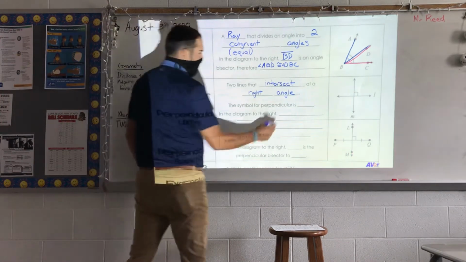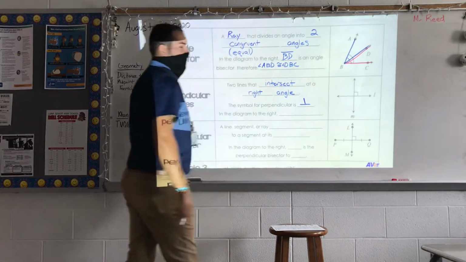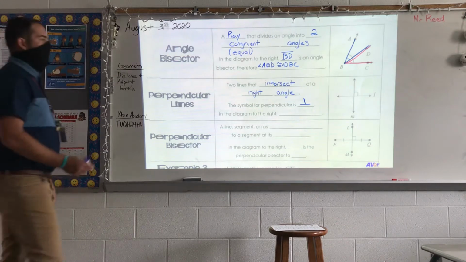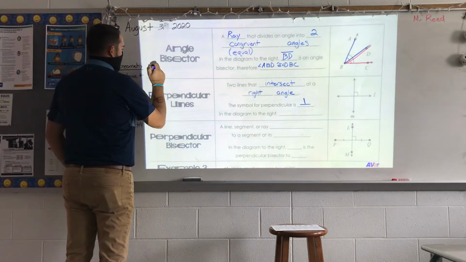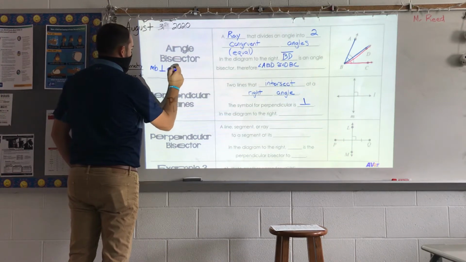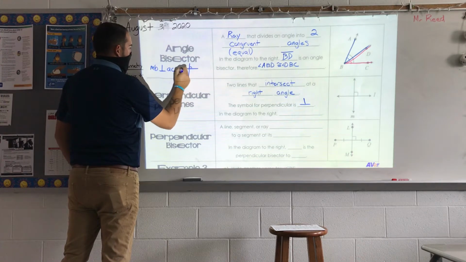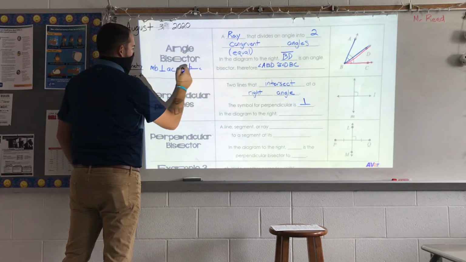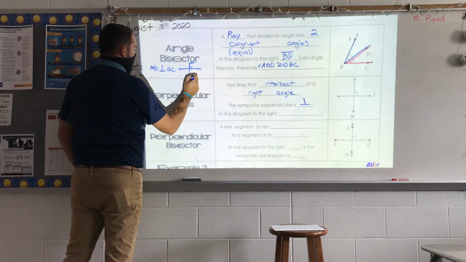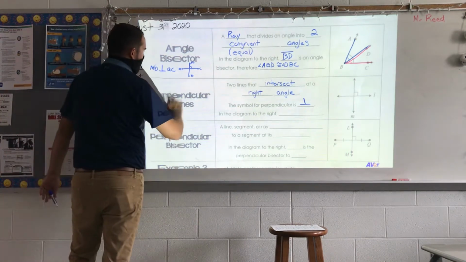Okay, the symbol for perpendicular looks like an upside down T. So if you saw in an equation something like line MB perpendicular to AC, that would mean that it would look like this. Anytime you see that upside down T, it means they're perpendicular.